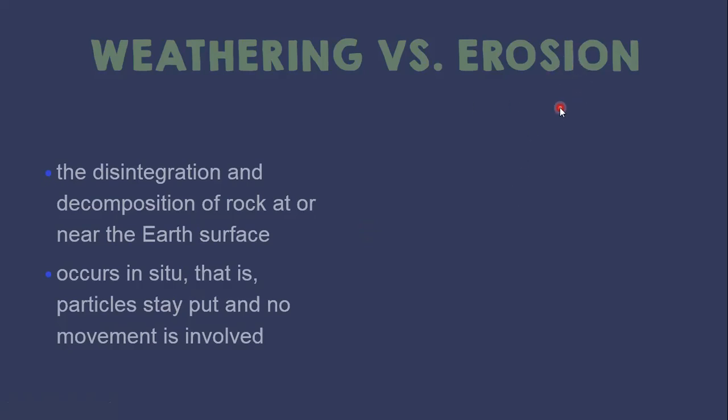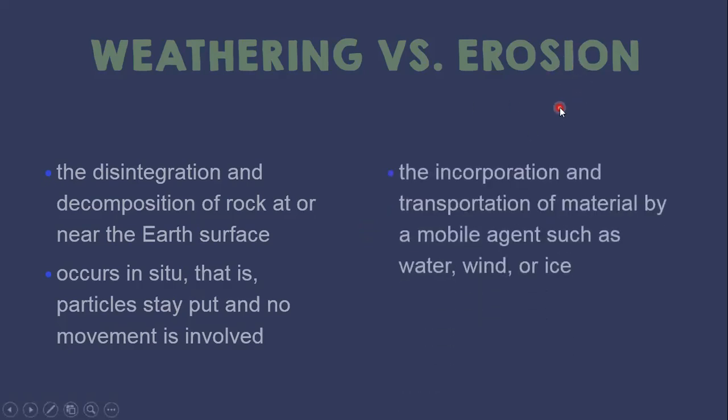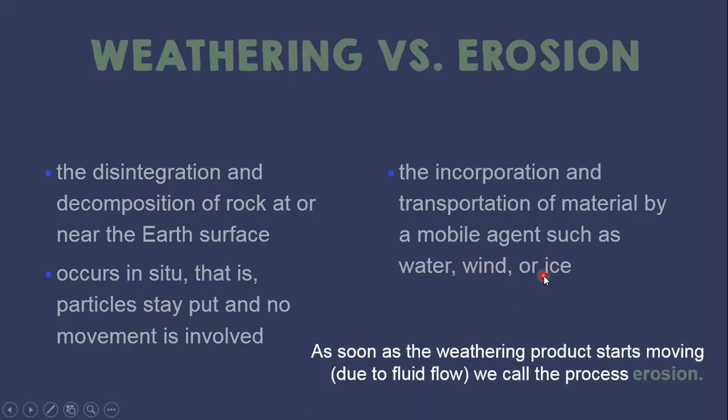So in your erosion process, it is the incorporation and transportation of these disintegrated materials now by a mobile agent such as water, wind or ice. So as soon as the weathering product starts moving due to fluid flow, we call this process now as your erosion.